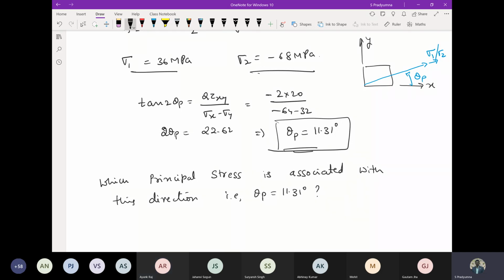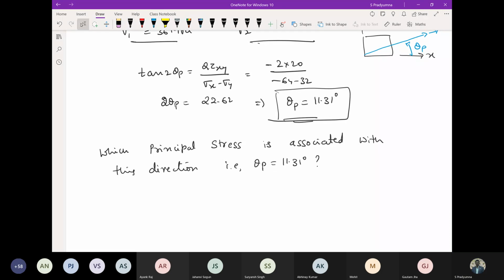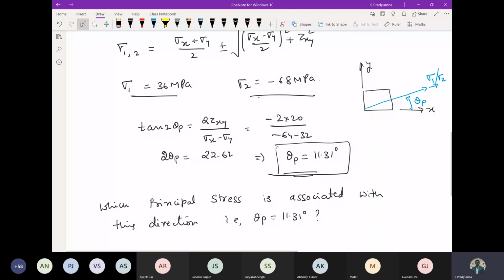So what should we do to get that? Can you tell me which one? Is it sigma 1 or sigma 2? Which one is associated with this direction? Is it possible? Can anyone try?